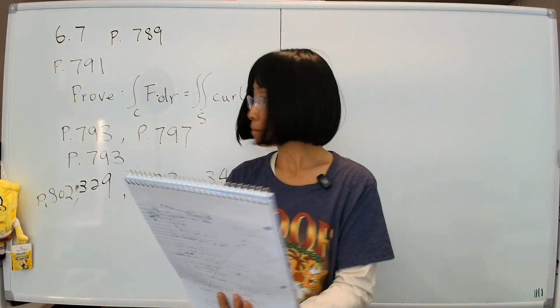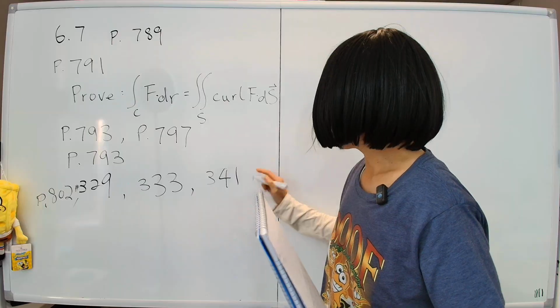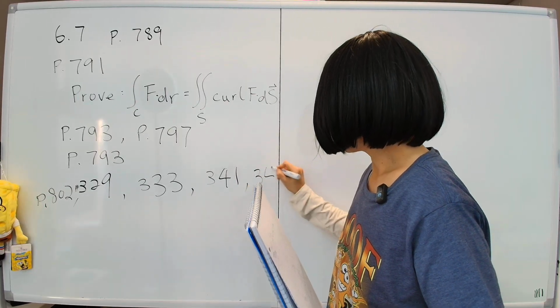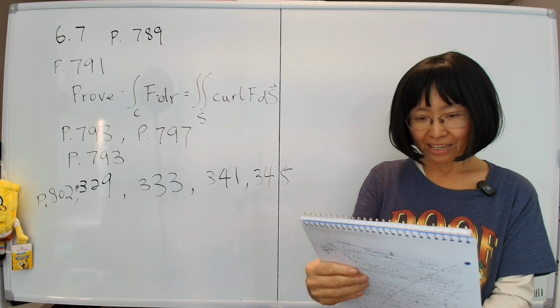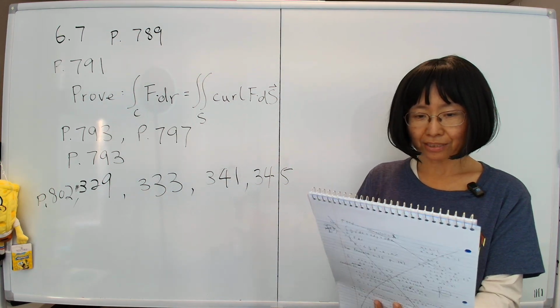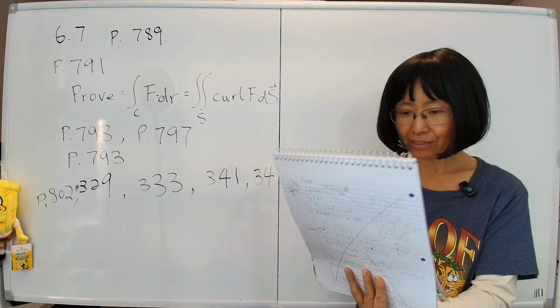Next, let's look at problem 345. Oh, I did not write that down. Okay. For 345, we are supposed to use Stokes' method to make things harder, because just doing F dr, which is what we're looking for, is fairly straightforward.